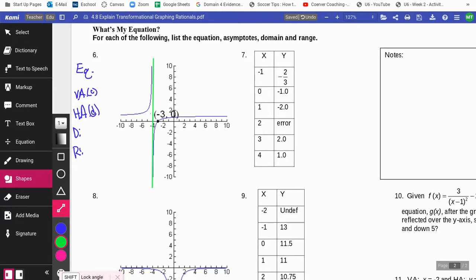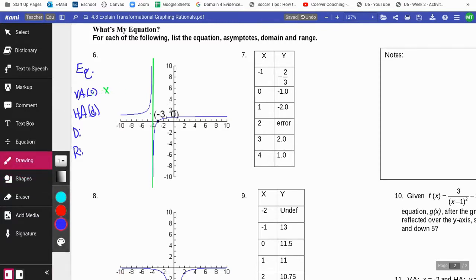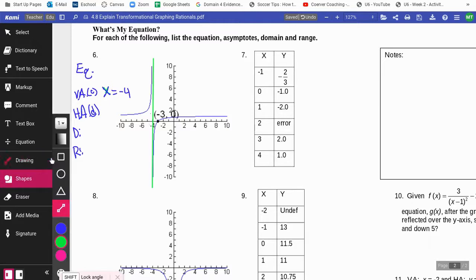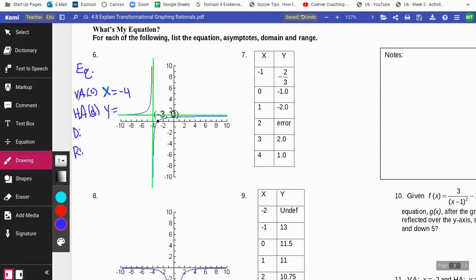So the VA is x equals -4. Then I ask myself, okay, where's my HA? Well, here's my HA. Okay, and that looks like it goes through y equals 1. So my HA is y equals a +1.